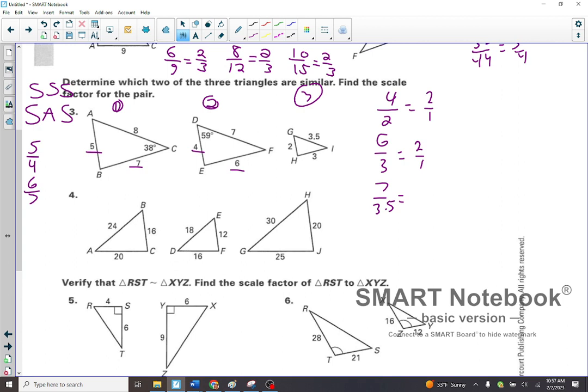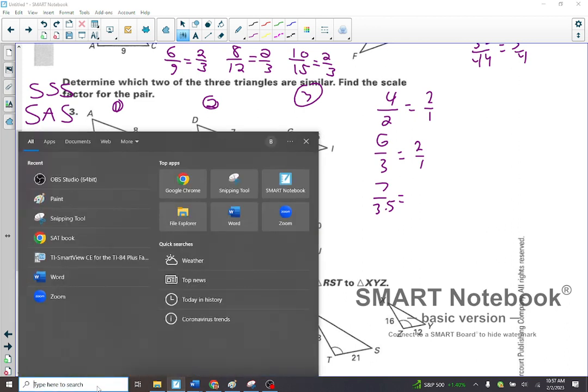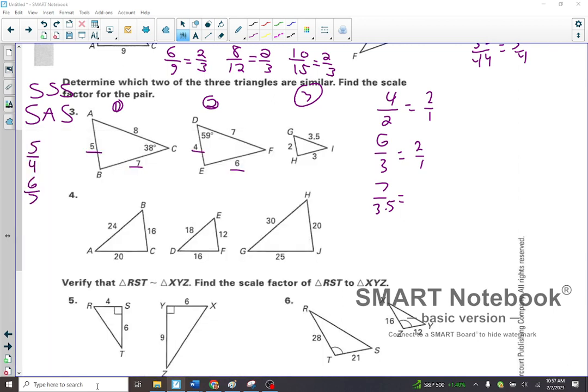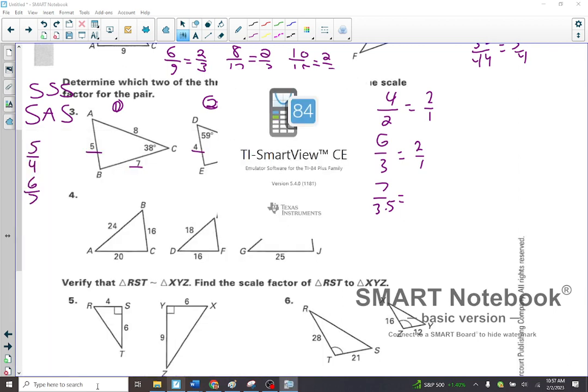If you don't know how to do that, you can always type into your calculator 7 divided by 3.5, then click math frac. So it is also 2 over 1. So in this case, triangle 2, DEF, is similar to triangle 3, DHI.